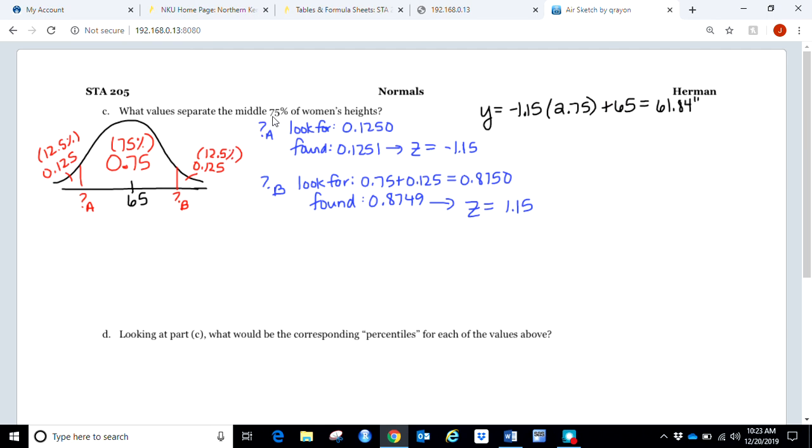That might be hard to see initially when you see that 75% of where we got that 0.125. So drawing the picture is still very helpful in figuring that part out. Now doing the math for our value for question mark B, we're just having our positive 1.15, same standard deviation, same mean. Of course, a different answer since we're going to be above the mean this time.